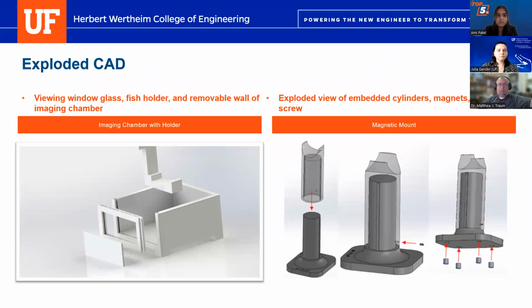The set screw is then used to fasten that outer cylinder to prevent the height from altering. Additionally, the magnets embedded in the base of the mount enable easy mounting to the sheet metal optics table and easy adjustments and alterations to acquire the desired orientation of the optical elements.